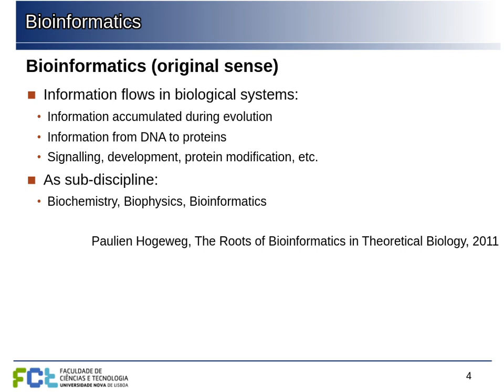We also see information flow, for example, from DNA to proteins, proteins through their interactions to the development of organisms, and then eventually to interaction with the environment and evolution. And we also see in many biological systems information flow in molecular signaling, in the protein modification pathways, enzymes, and so forth. So the idea here would be that bioinformatics would study these systems from the perspective of looking at how information flows.